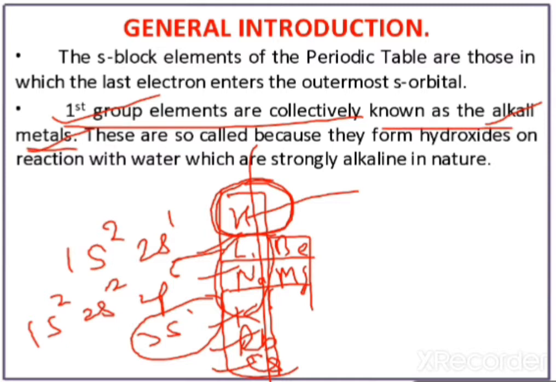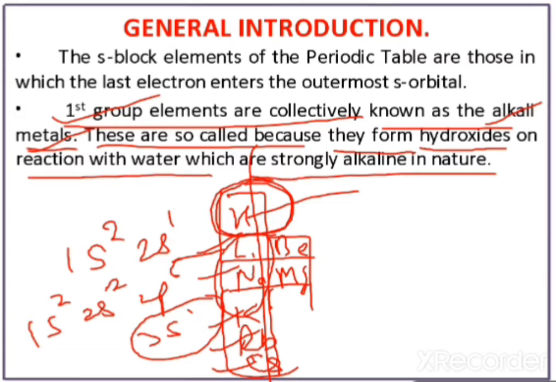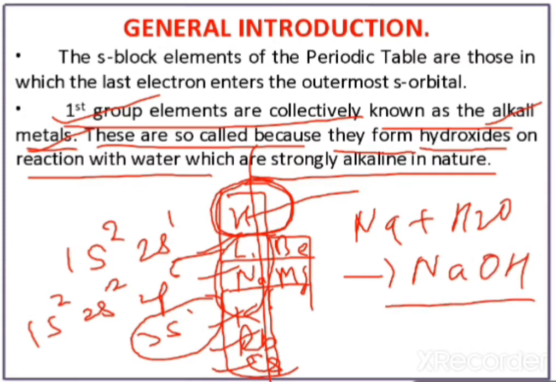Why? They are so called because they form hydroxides on reaction with water, which are strongly alkaline. Hydroxide means if we react sodium with water, Na plus H2O, it will form NaOH. This NaOH is a base, and a base is known as alkali if it is strong.